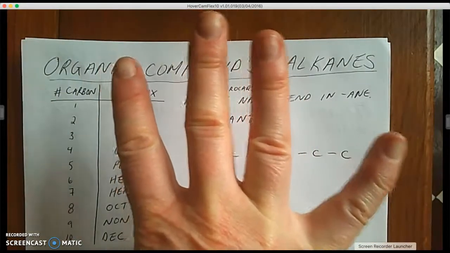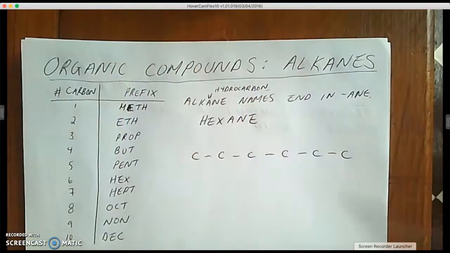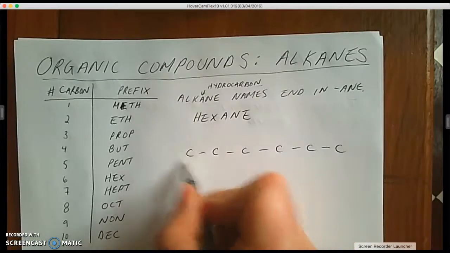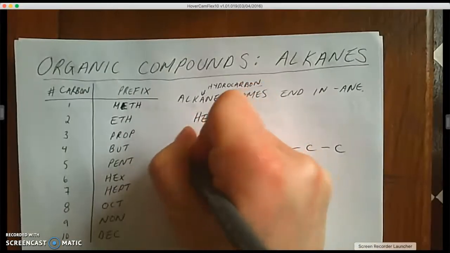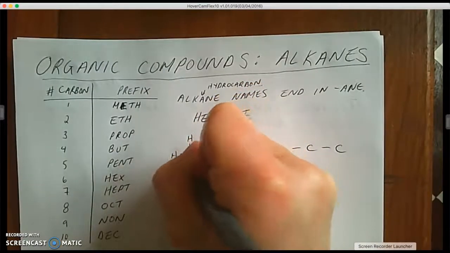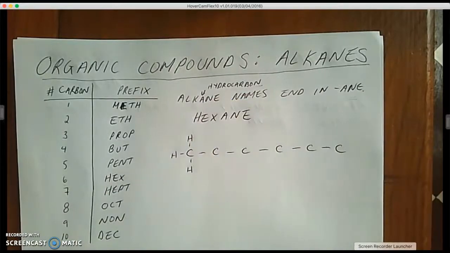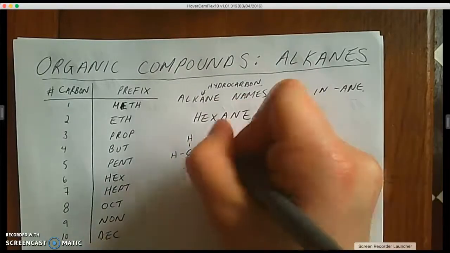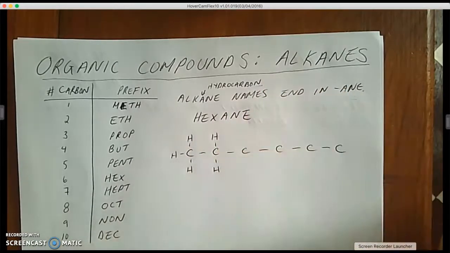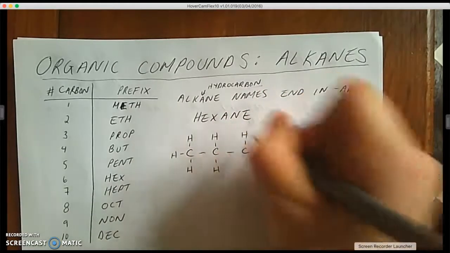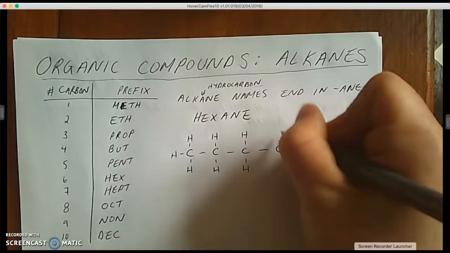It always wants to make 4 bonds with other things. So right now, for example, this carbon is only making 1 bond. I'm going to add 3 hydrogens to fill up those other 3 bonding spots. This carbon right here is making 2 bonds, so I'm going to add 2 hydrogens to fill up its bonding spots, and I can just keep doing that.